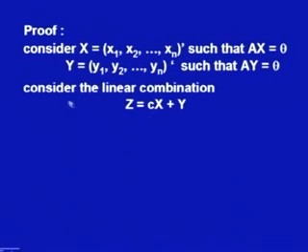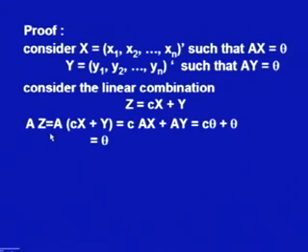Now, we consider the linear combination z is equal to Cx plus y, and we will see whether Az belongs to this given set or not. So, we consider Az is equal to A times the column vector Cx plus y, which is equal to C times Ax plus Ay.